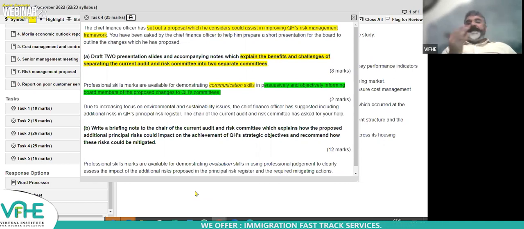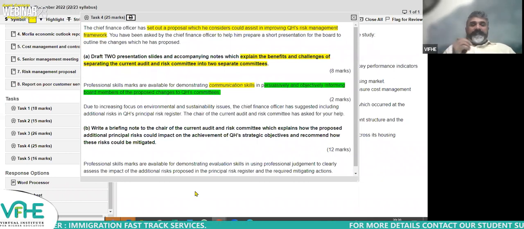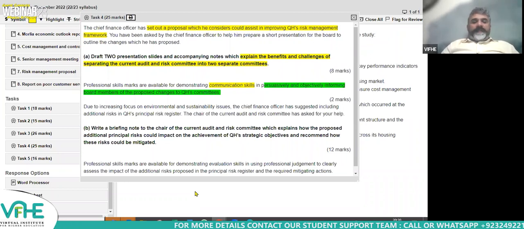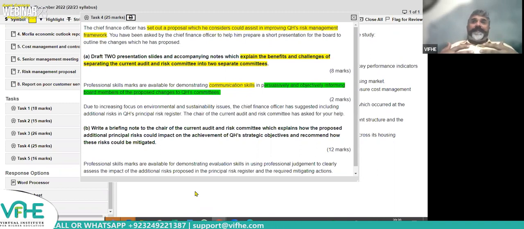I would imagine 3 benefits and 2 challenges, or 4 benefits and 1 challenge. Maybe, yes, it says persuasive. Good point, Lakshmi, that it says persuasive. That means we want to persuade or convince the board to separate, so we will focus more on the benefits. More positives. But we will read and we will find out.